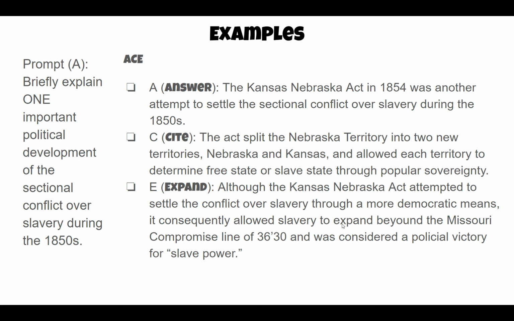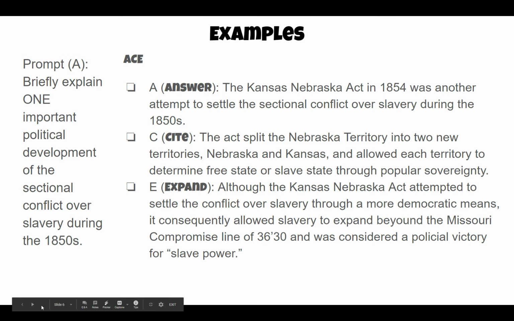You then further explain that this act had important consequences, and one of those was that regardless of what the Missouri Compromise did, which was to limit the expansion of slavery, it consequently did not, because they agreed on this. When you looked at it, it actually was more of a political victory for slave power. Now, this student is clearly expanding and synthesizing and making these connections based on this one prompt.